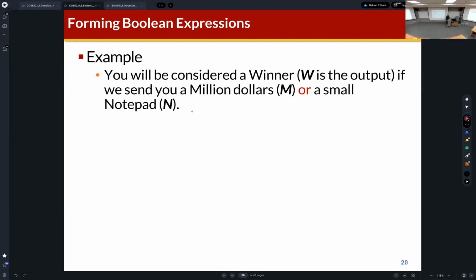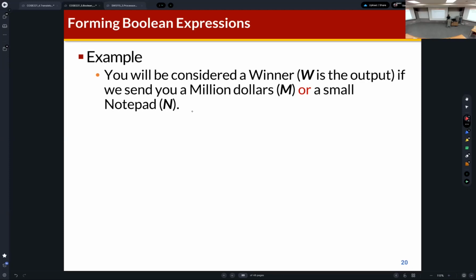I mentioned that from a real world example, in order to generate outputs like true or false, we can define some conditions. The conditions are inputs of this system. Using real situations, we can define a truth table, and based on the generated truth table, we can generate Boolean equations.